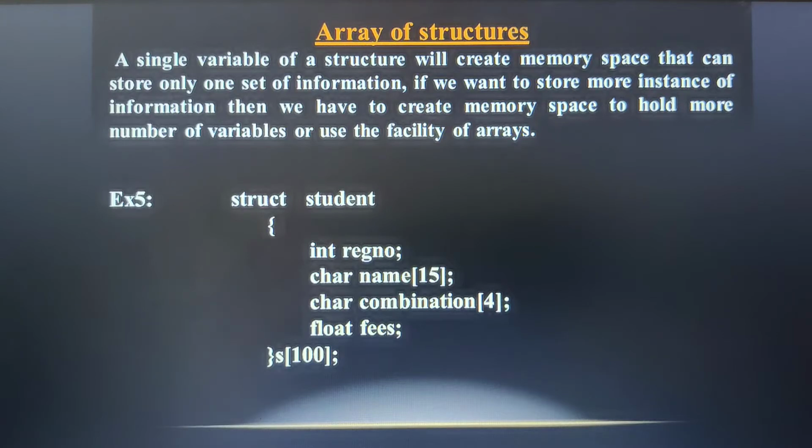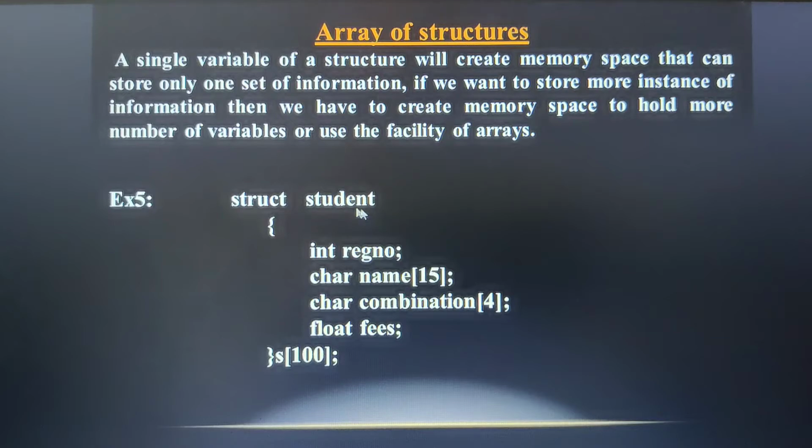So it is very simple. Like the other variables we create, like simple structure variables and array variables, the same way we are able to create a structure variable but of type array here. Now look at this one. Here struct followed by student.